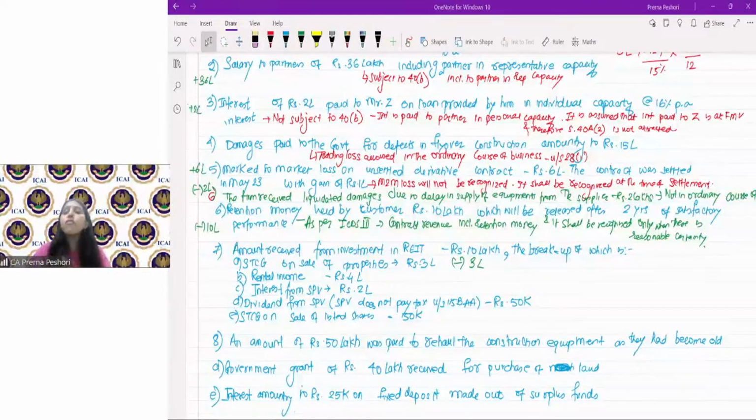Now, in case of a REIT, would the rental income be considered as income from house property or business income? Since the REIT is in the business of letting out of the property, this is the business income of the REIT and not income from house property. Even if it is a commercial property, letting out is otherwise chargeable under the head income from house property.